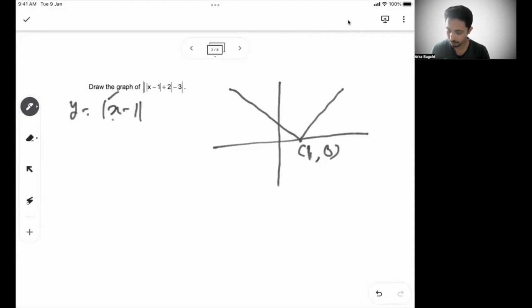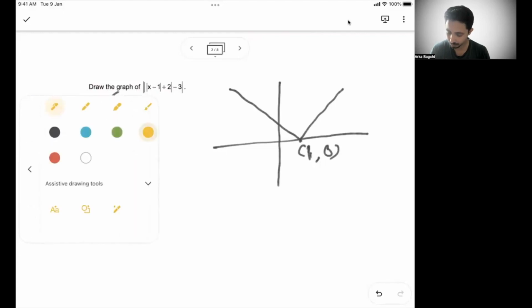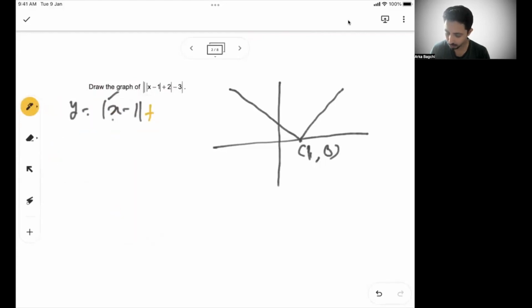Now let's say if I add 2 to it, now what will happen? This same graph will be shifted 2 units up, right? So at x equal to 1, we will have 1, 2.